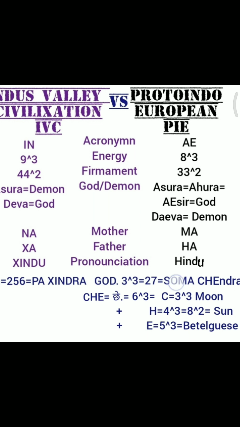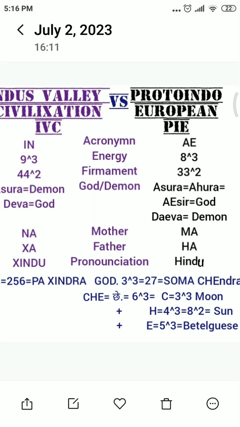That Chandra can be spelt with slightly different lettering. Instead of Chandra, if you spell it like Chendra, that will be Chandra. So the first three letters in Chandra, if you take the CHE, then the pronunciation in Devanagari will be Che, and Che is nothing but 6.